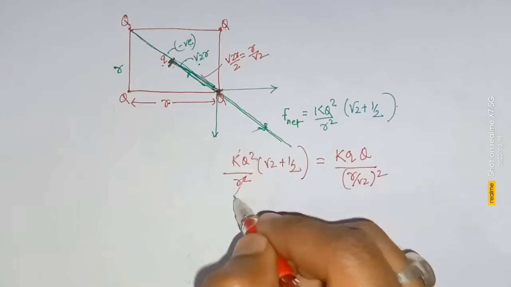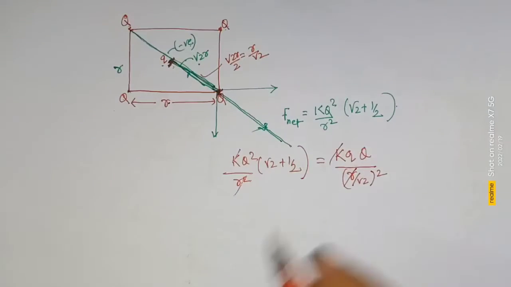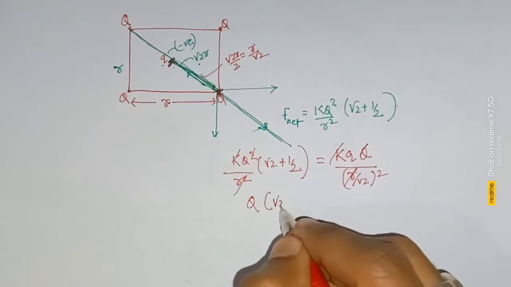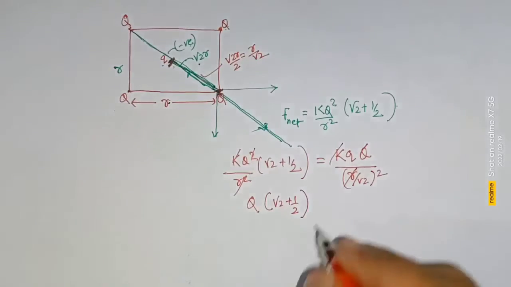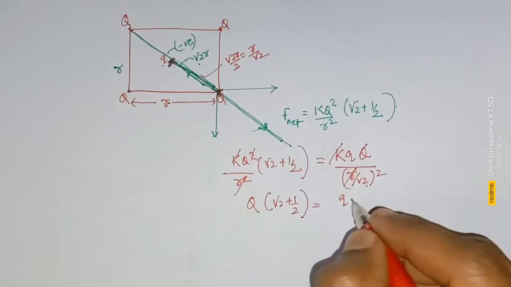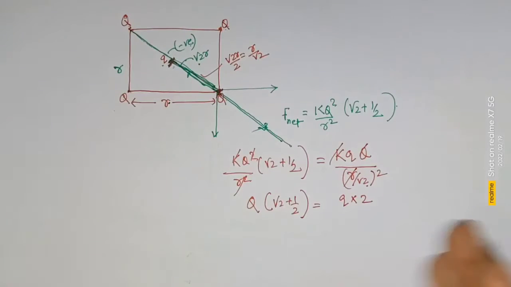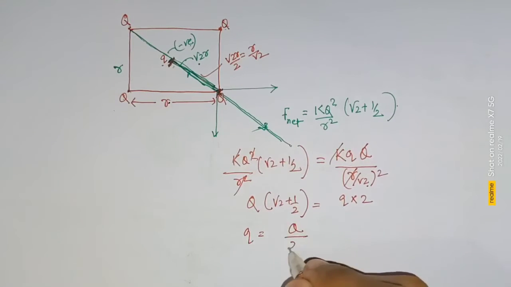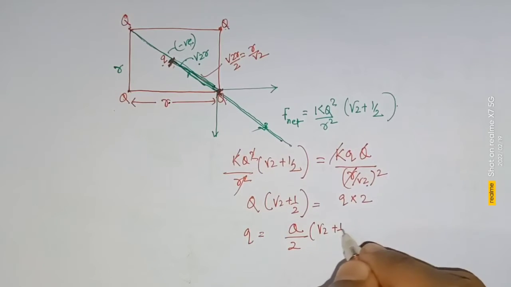So K and R square cancel, and one Q cancels. So this is Q times root 2 plus 1 by 2, and this is small q, and this is R by root 2, and this is now 2. Now the scenario is q equals Q by 2 times root 2 plus 1 by 2.